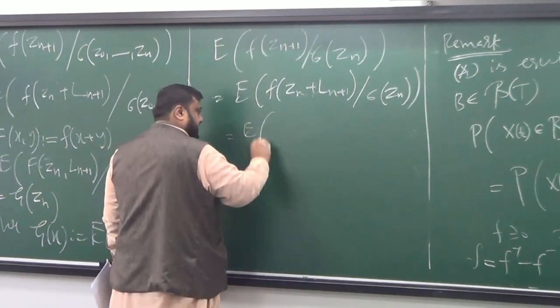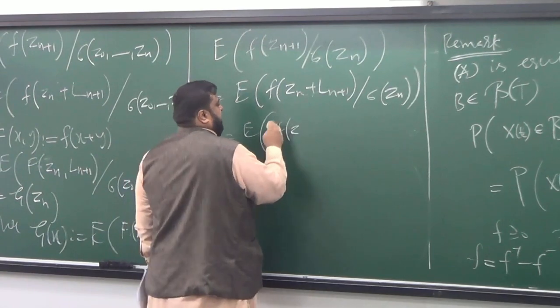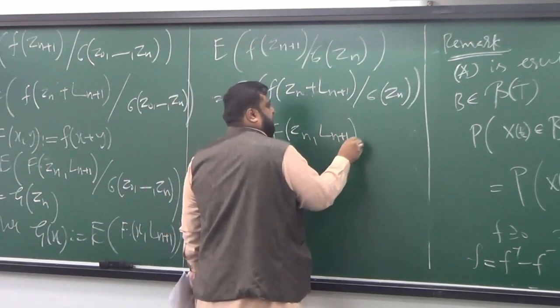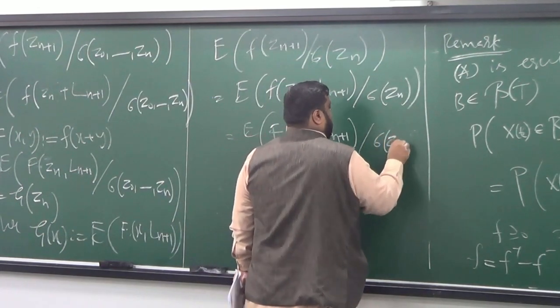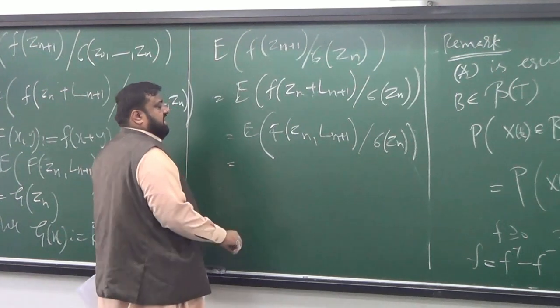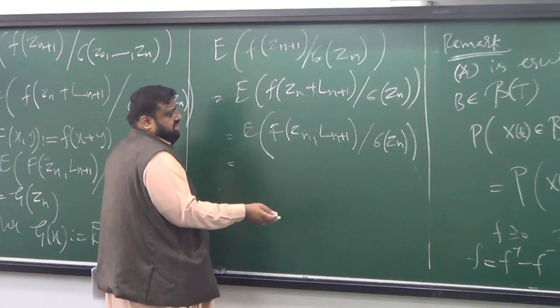And I can also see it again as F of Zn, Ln plus 1 given Zn.